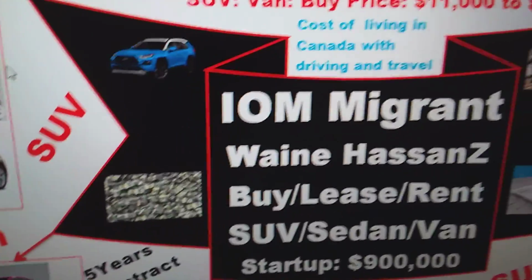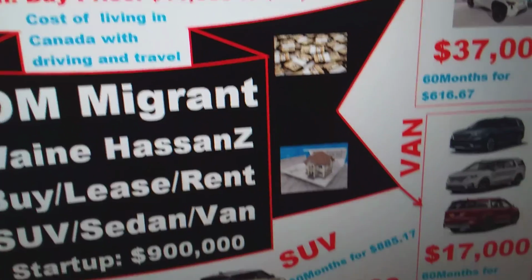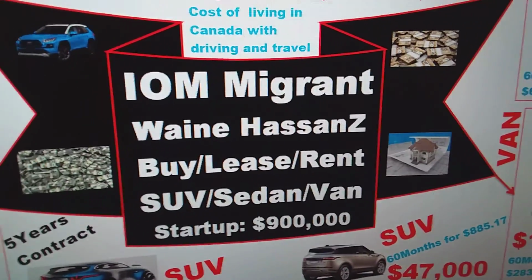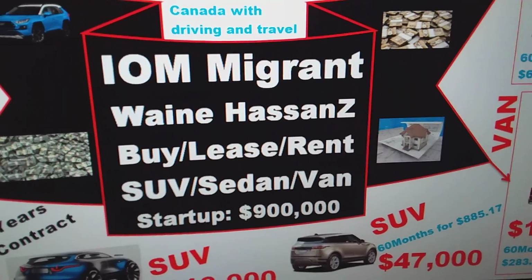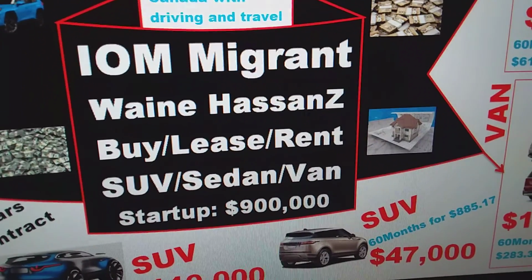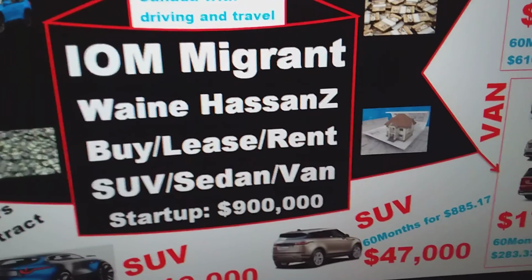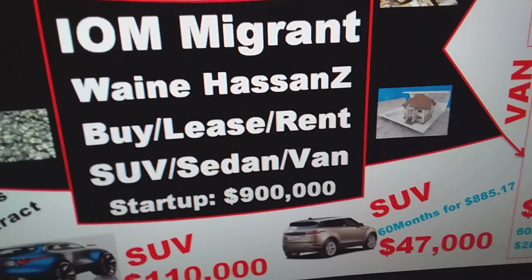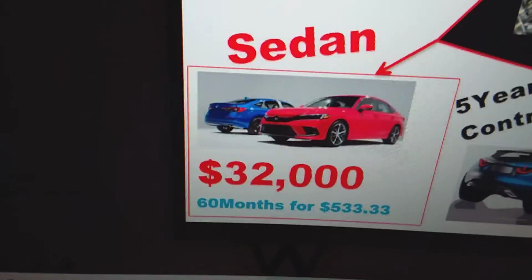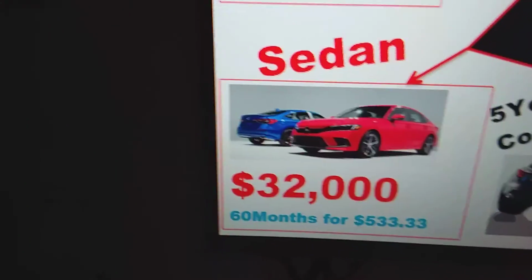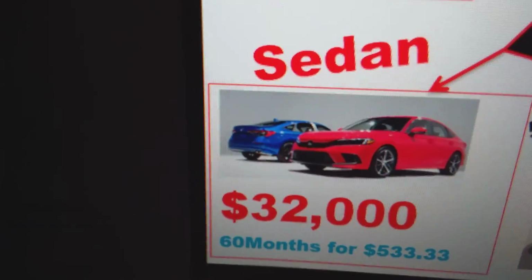We have US dollars and Canadian dollars. This is mostly for migrants such as myself: buy, lease, rent, SUV, sedan. If we take a sedan, that is 32,000, brand new of course.